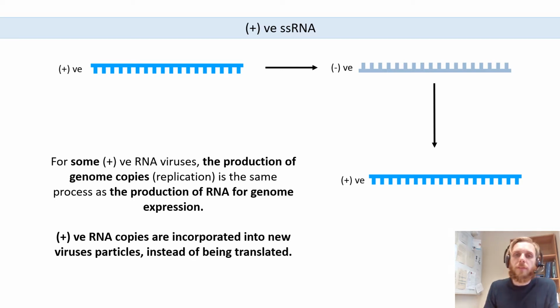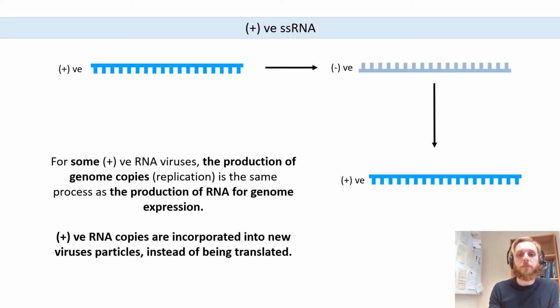So for these positive sense single-stranded RNA viruses, genome replication must result in the production of a positive sense single-stranded RNA copy. Well, the process we've just looked at of genome expression is exactly what produces that.